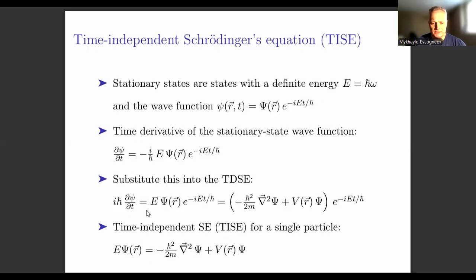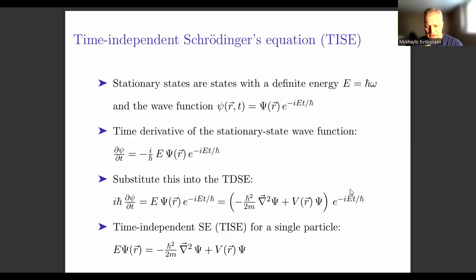Now, recalling the time-dependent Schrödinger's equation here, i h bar d psi by dt, multiply the time derivative with i h bar, you'll find that energy times the wave function in the stationary state is minus h bar squared over 2m Laplacian of the time-independent part of the wave function, capital psi. So this is the kinetic energy in the stationary state, plus the potential energy function times capital psi.